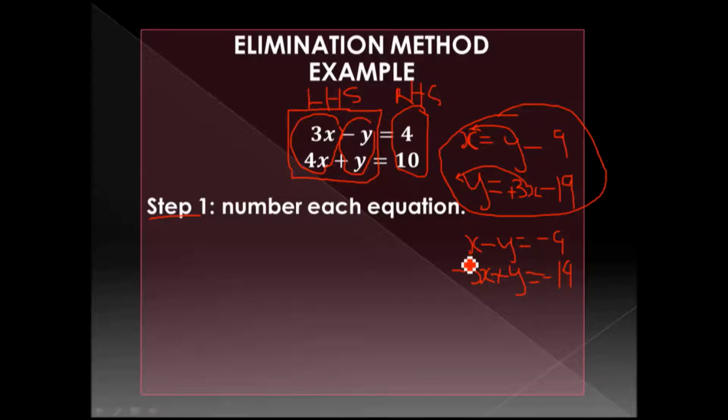Alright, so that is how we develop the equations so that they can comply with this format. So that would be your first step. Given that your equations started off in this way, you would have to rearrange them. But otherwise, if your equations bear this format from the onset, then your step number 1 would be to number each equation.